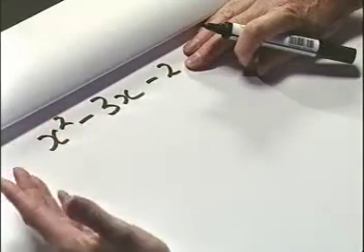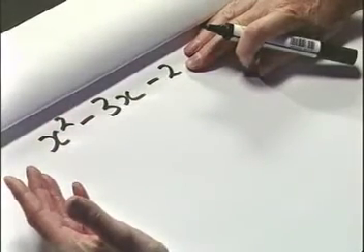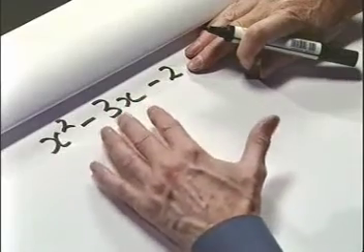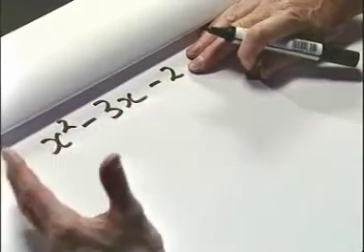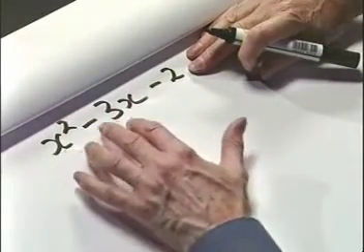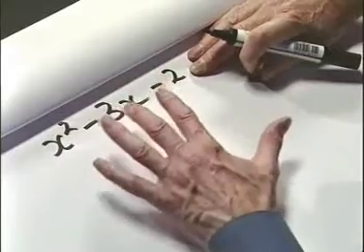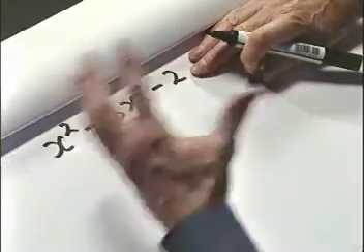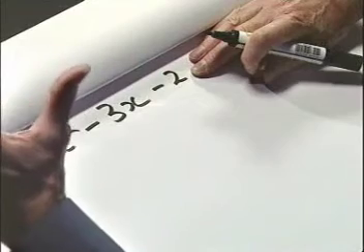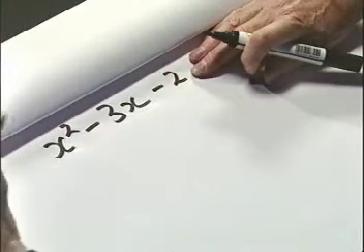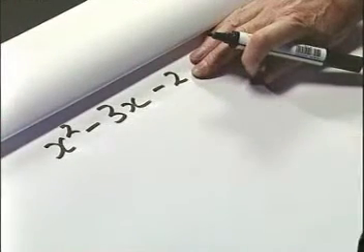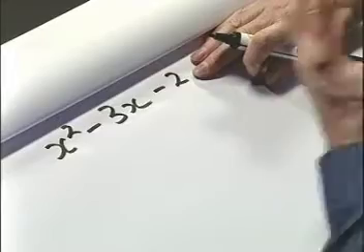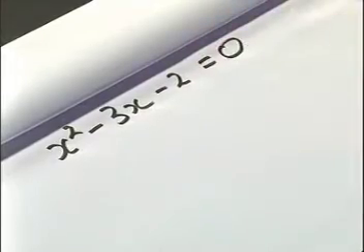Because it's an overall value of 2. If I put in a value of, say, minus 2, then I get 4. Minus 3 times minus 2 is 6, so I get 10, take away 2, 8. It's positive. So as I've gone from one value of x, I've got a positive value, then a negative, then a positive value. So clearly it's going to cross the x-axis at some point.